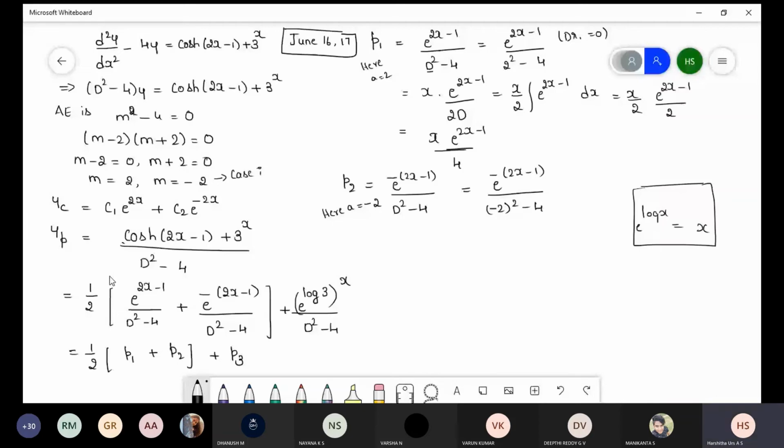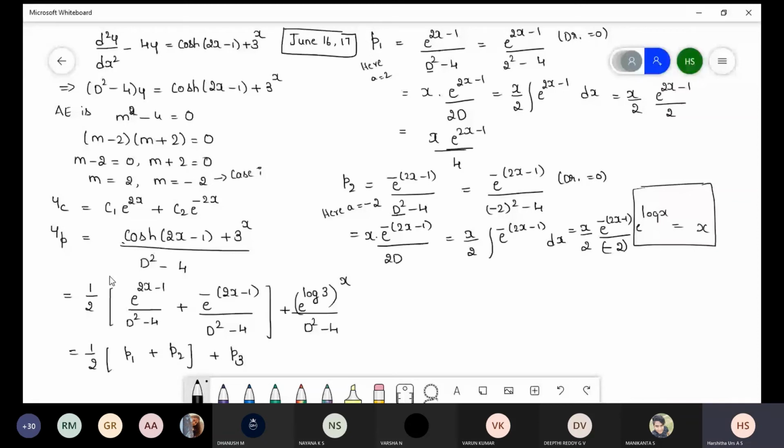So x into e^(−(2x−1)) divided by the differentiation of the denominator, that is 2D. So x by 2 into the integration of e^(−(2x−1)) dx, that is x by 2 e^(−(2x−1)) divided by minus 2, because integrating, again we have to write only minus 2.